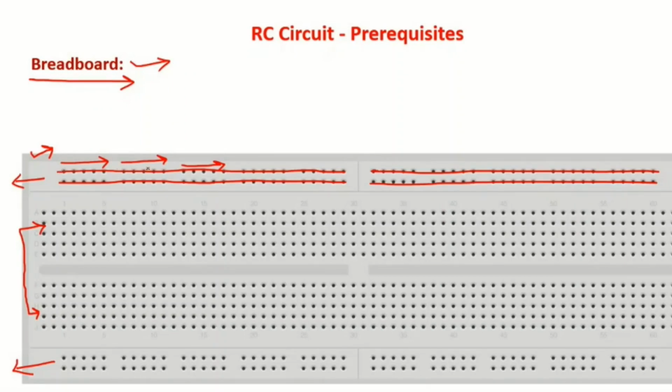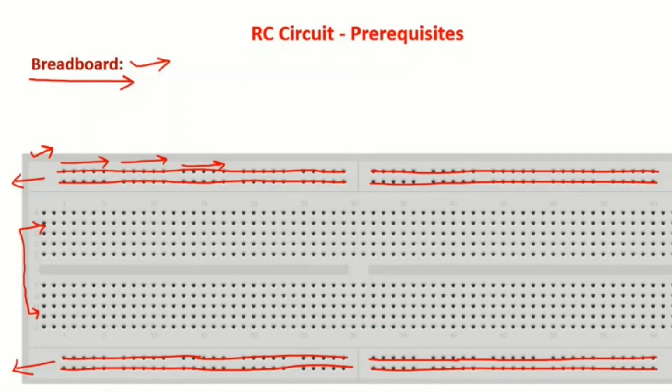This one is connected individually and this one is connected individually. There is no interconnection between the horizontal lines. The similar property is also applicable to the bottom portion of the breadboard. It looks like this. They are connected to each other horizontally.